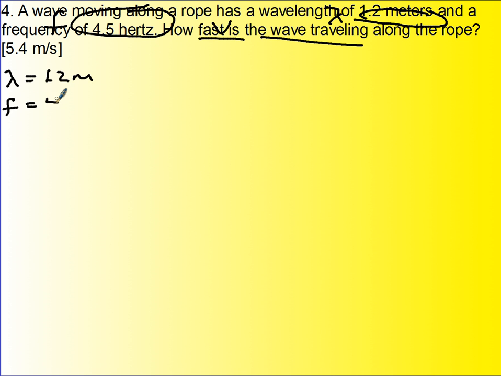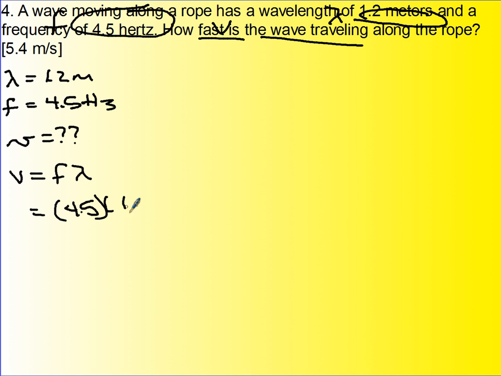Frequency is 4.5 hertz. And I'm looking for the velocity. Equation, V is F lambda. So it's 4.5 hertz times the wavelength, which is 1.2 meters. That's 5.4 meters per second.